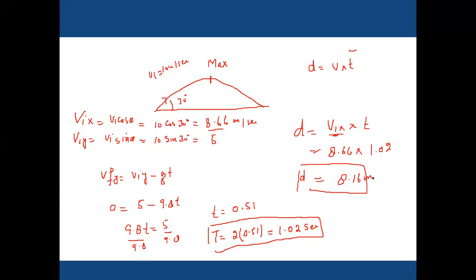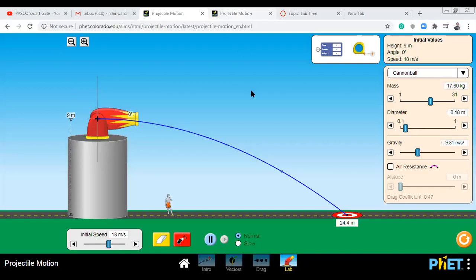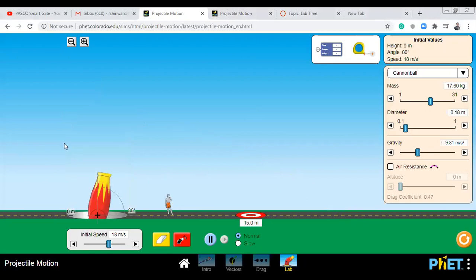So let's discuss the animation for this lab. Okay, let's suppose the height is 0 meters and the angle was 30 degrees.